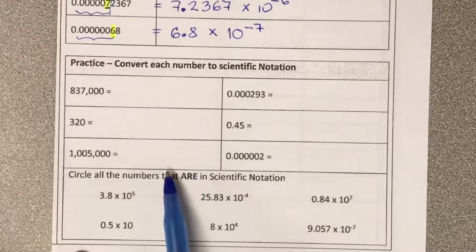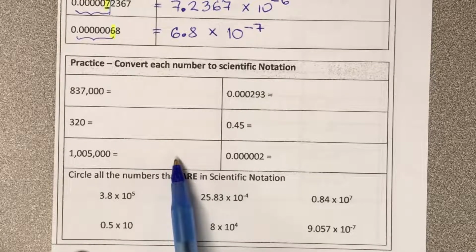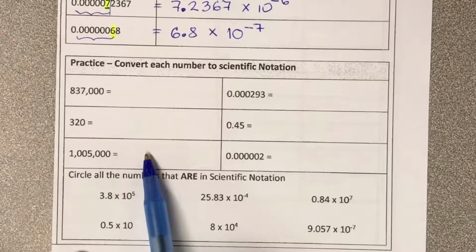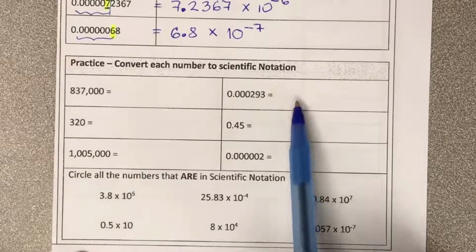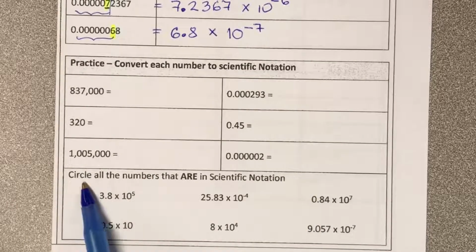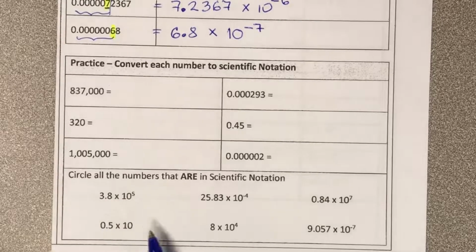I need you to follow our notes and examples to see if you can figure out what goes in this column with scientific notation using powers of 10 that are positive, and in this column, powers of 10 that are negative. Here we have to circle all the numbers that are in scientific notation. They all appear to be in scientific notation because they have a power of 10.